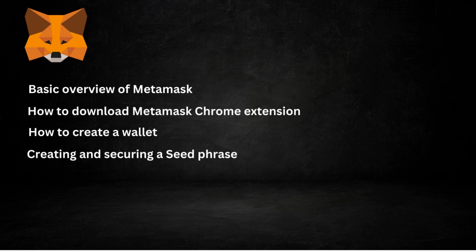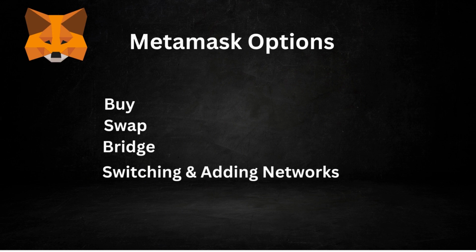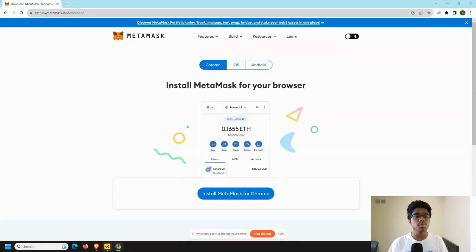This includes creating a password and creating and securing our seed phrase. After that, we'll go over a few MetaMask options, which are buy, swap, bridge, switching and adding networks, and adding tokens to MetaMask.